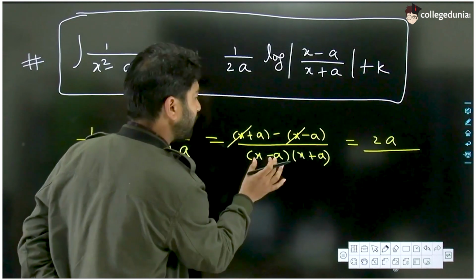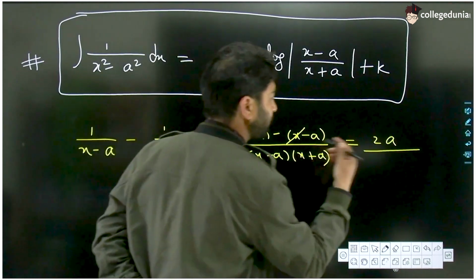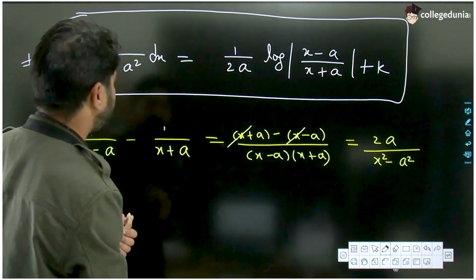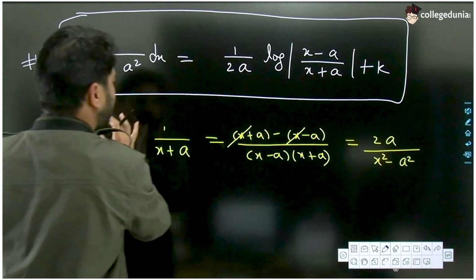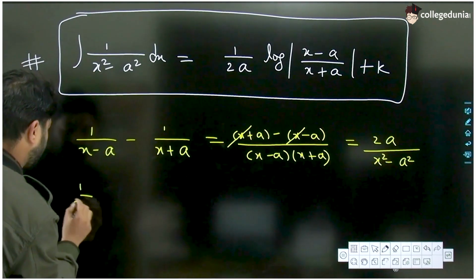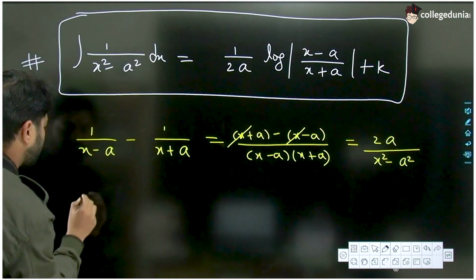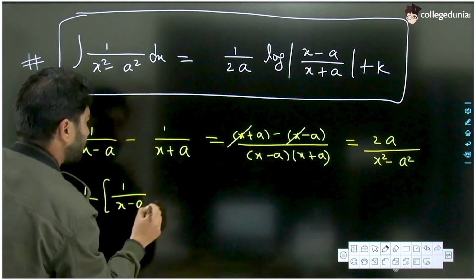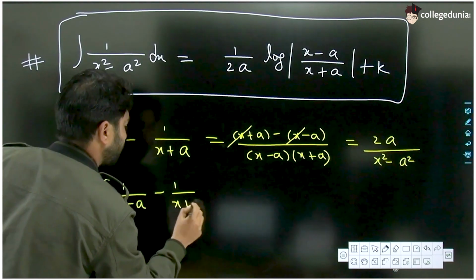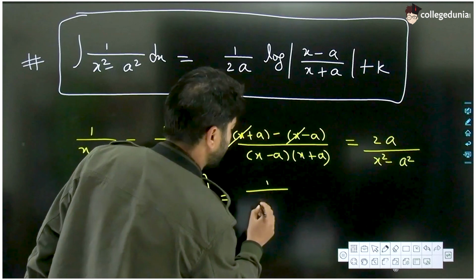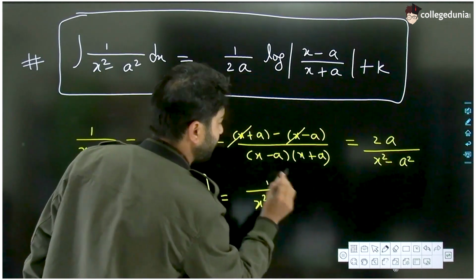In denominator, we will have x minus a into x plus a, which will become x square minus a square. Further, we can bring that 2a to the left hand side. So 1 upon 2a, into 1 upon x minus a minus 1 upon x plus a, equals 1 upon x square minus a square on the right hand side.